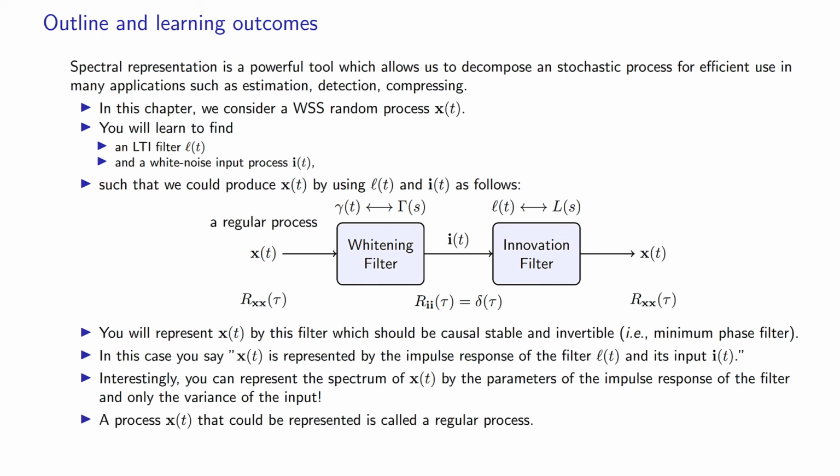A process x of t which could be represented is called a regular process. If a random process could not be represented by a causal, stable, and invertible filter, it is not a regular random process, and therefore you cannot represent it. So usually we work with representable random processes, which we call regular random processes.